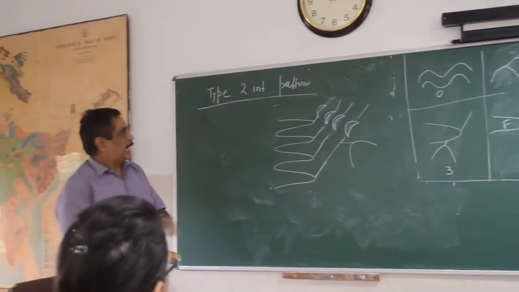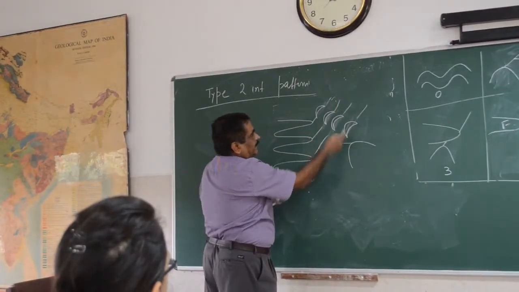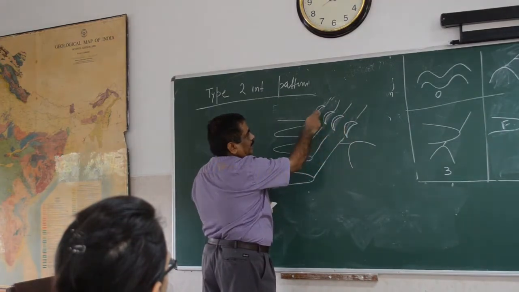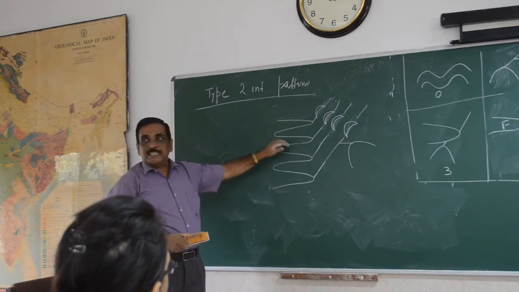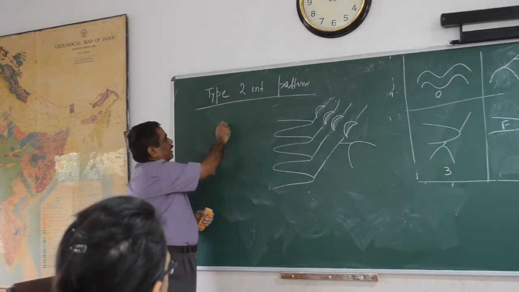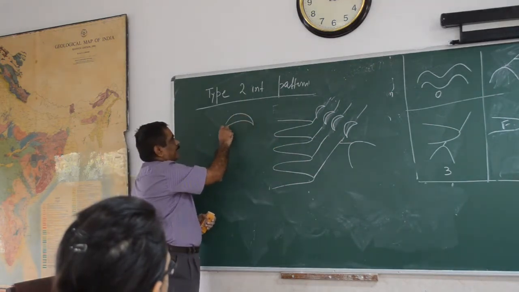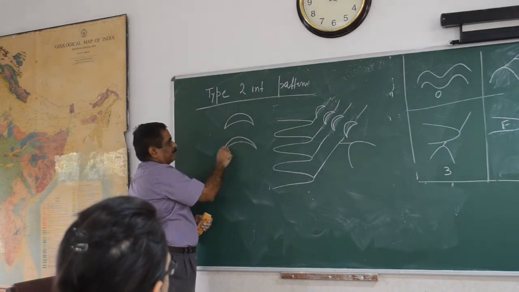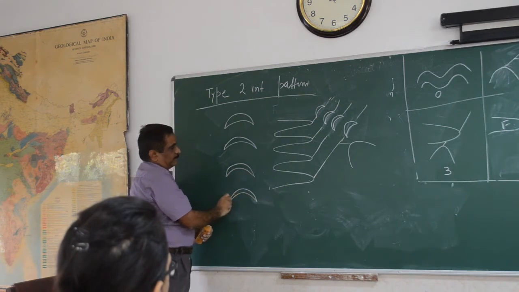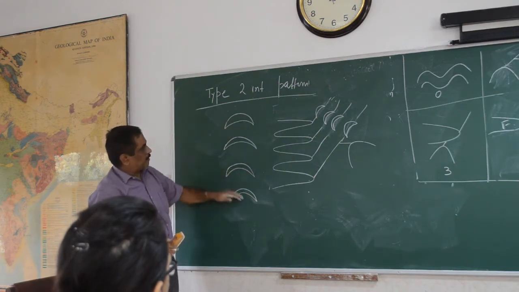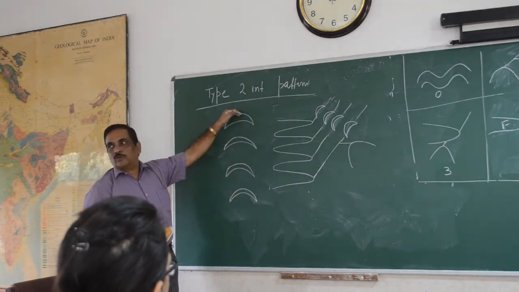Okay? After deformation, after you bend it, this part will produce one, another, and a stack of crescents will be produced. If there is a series of F1 folds, you will get a picture like this. A lot of half moons or partial moons will be there, one over the other.